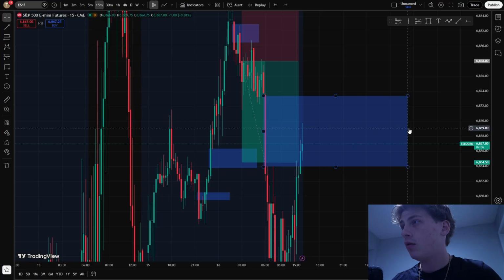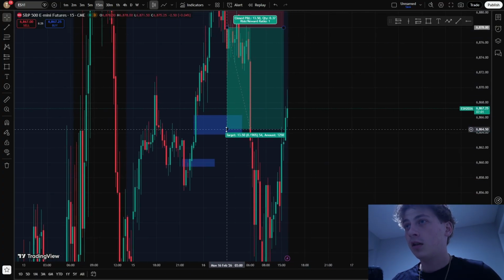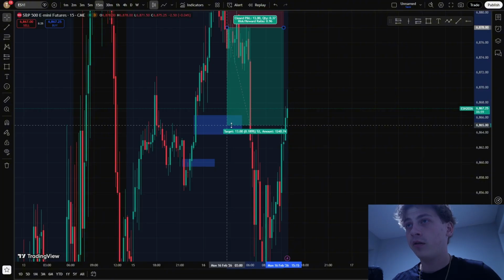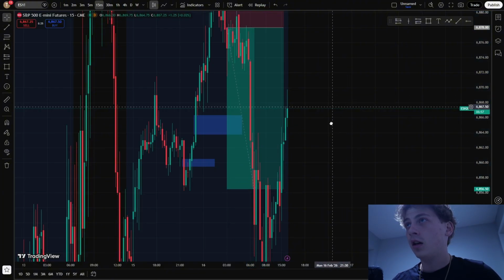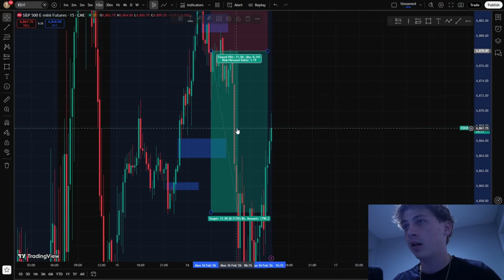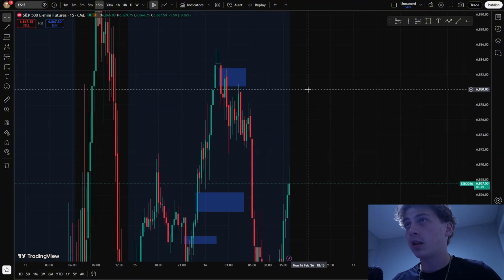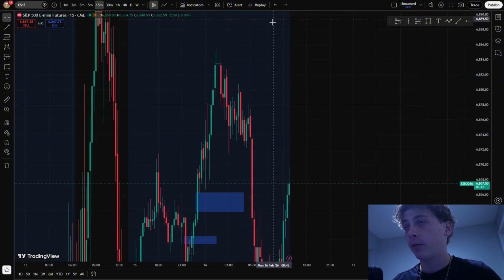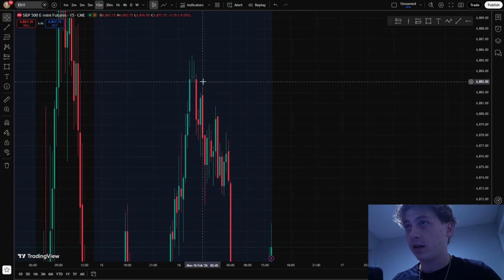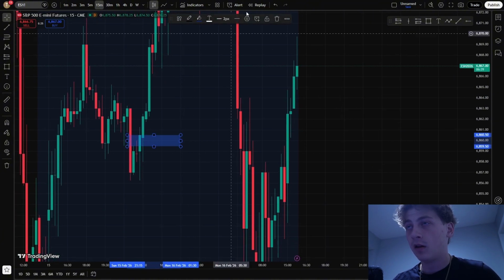It is so simple once you figure it out. Target down to this low, or target to this unfilled fair value gap here. There are so many possibilities when you get the hang of this. But keep in mind, 3-candle pattern and no wicks. If there's wicks, you don't have a fair value gap.